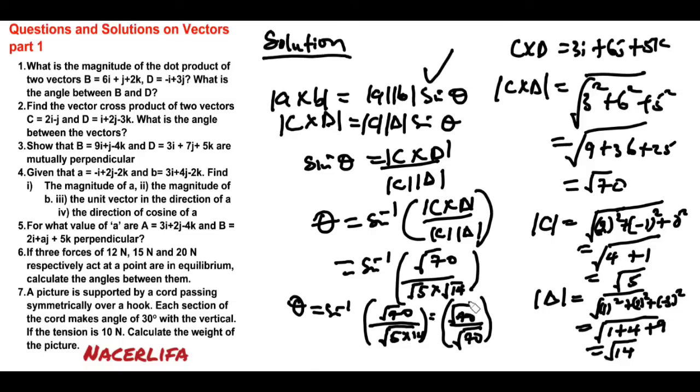So we can take one of the roots, and say theta equals sine inverse of 70 upon 70, which gives sine inverse of 1. Sine inverse of 1 is 90 degrees. So the angle between the two vectors is approximately 90 degrees, and the cross product of C and D is given as this.